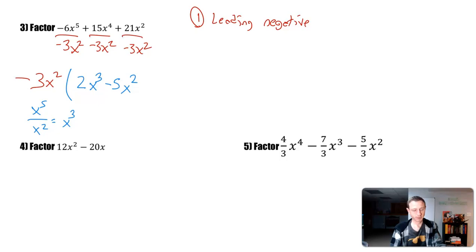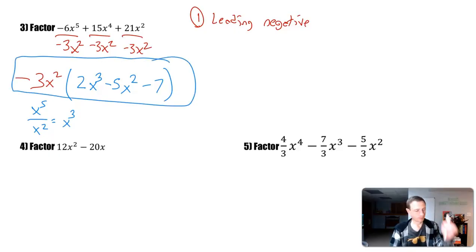And then 21 divided by negative 3 is going to be negative 7. And then x to the 2nd over x to the 2nd simplifies down to 1, so those cancel out. So that's what we're left with. Leading negative, though, must come out. And then we look for that GCF, and then we factor.